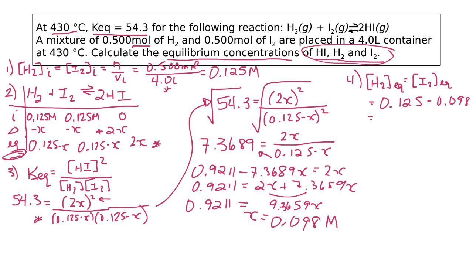And when I subtract those off, I have to maintain fewest number of decimal places, which is 3, and I get a value of 0.027 molar. For HI, it was equal to 2x. So we're going to multiply 0.098 times 2. And when I do that, I'm multiplying, so I have to maintain fewest number of significant figures. So I end up with an equilibrium concentration of 0.20 molar.